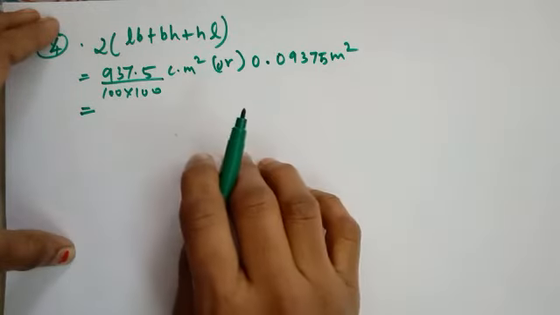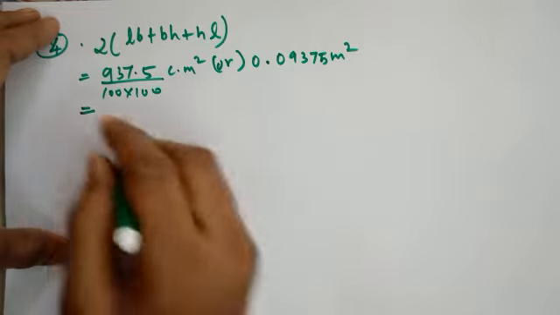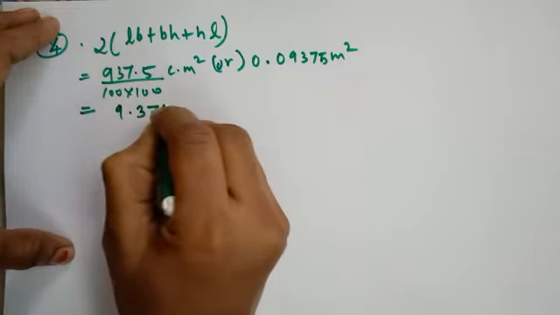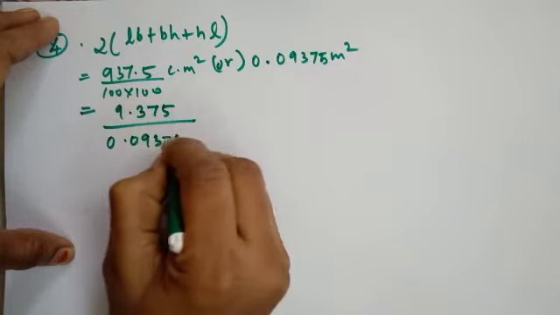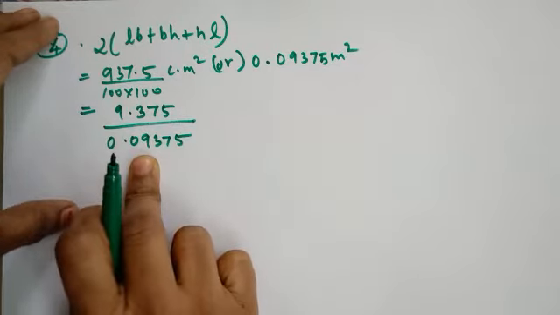The question is the number of bricks that can be painted out. We have to find the number of bricks. So for this, the total area, 9.375 meter square, divided by 0.09375, because this is the total surface area of each brick.